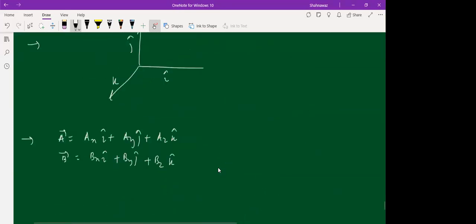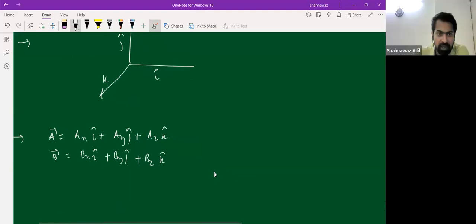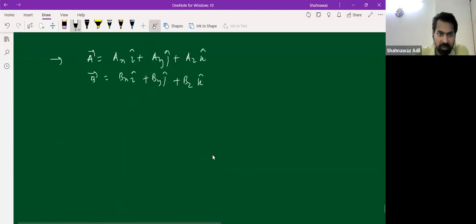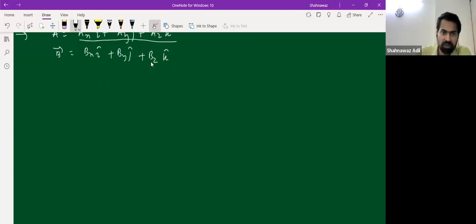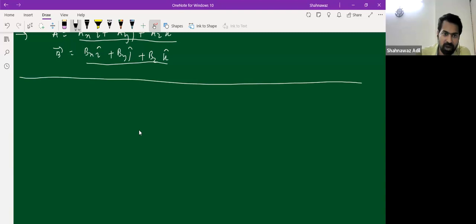But in the second scenario, you are not given the vectors in this form. You are not given the unit vector form or the Cartesian form. So let's say you are given two vectors, like this, where only the magnitudes are given.